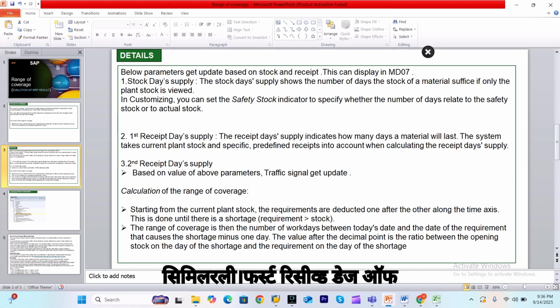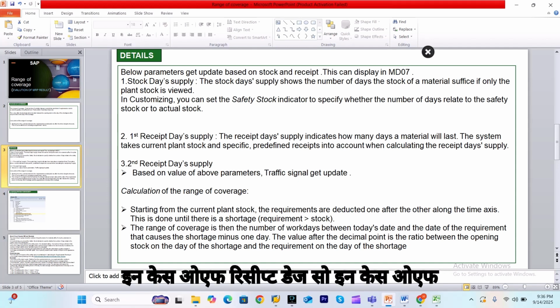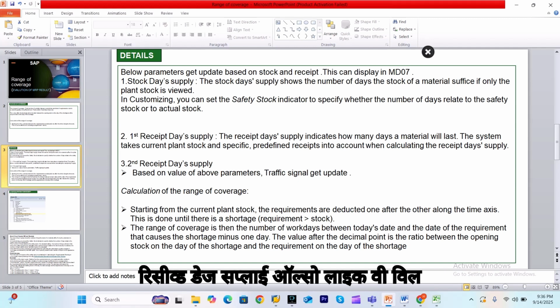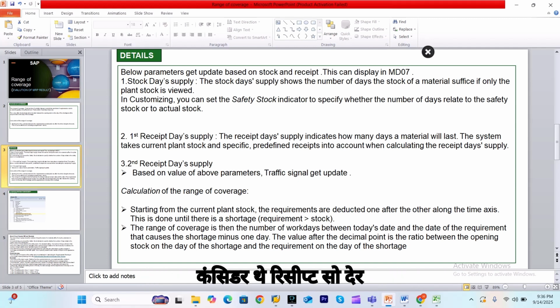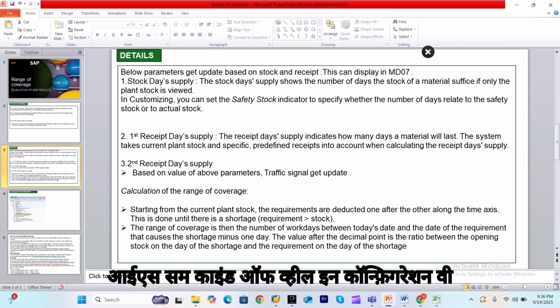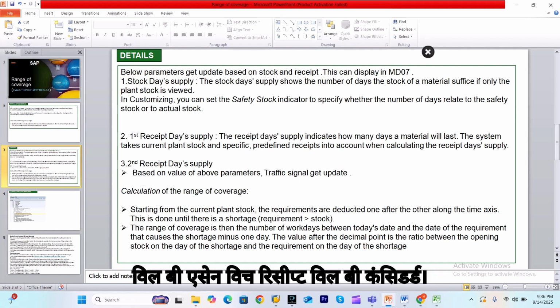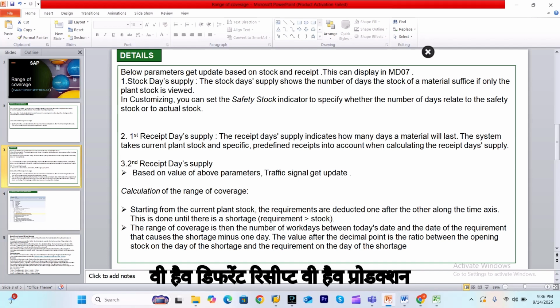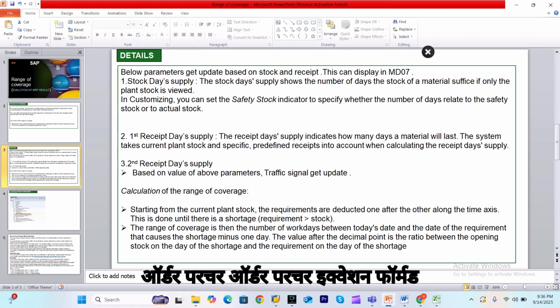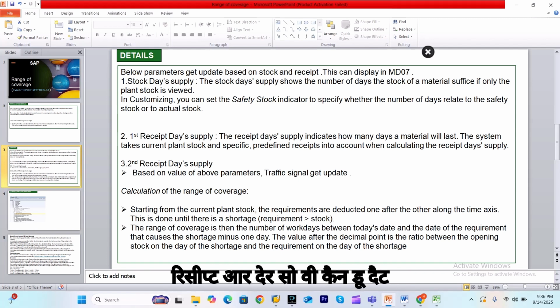That helps to calculate the stock days of supply. Similarly, first receipt days of supply. In the case of receipt days of supply also, we consider the receipts. In configuration, it will be asked which receipts will be considered. We have different receipts: production order, purchase requisition, planned order.